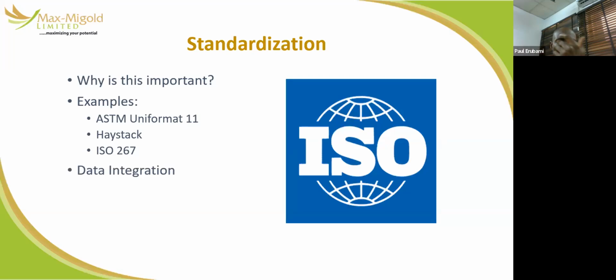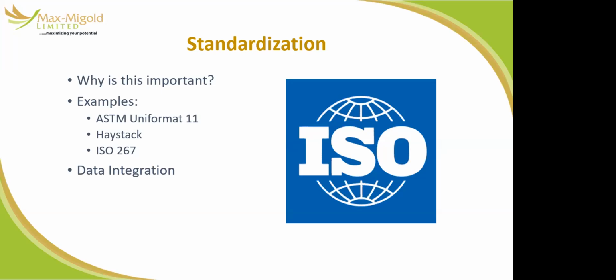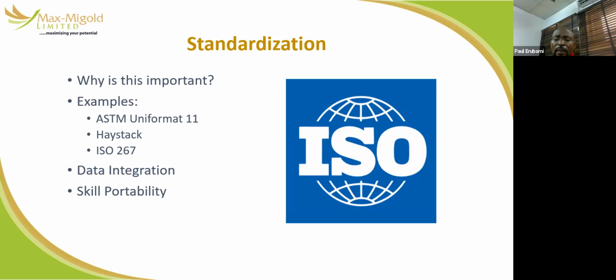Then you need standardization because of data integration. If you want to integrate from your normal physical asset tagging to computerized asset tagging, you need data integration. Then skill portability is required. Why? Because if you don't have the skill of integrating that, it may require you to take the support of a third party in carrying out that activity for you.